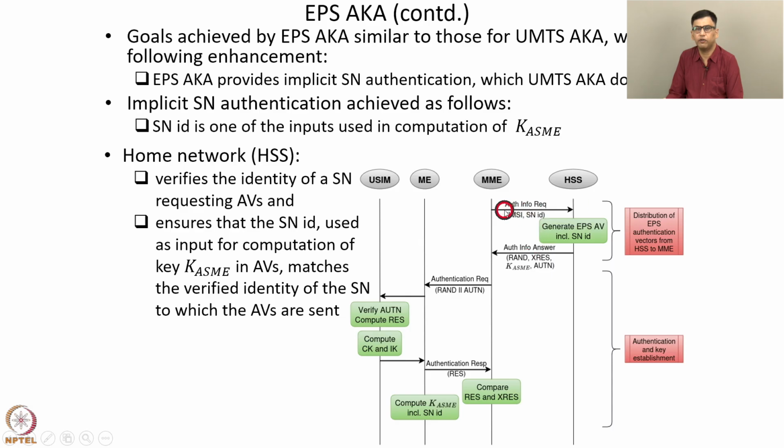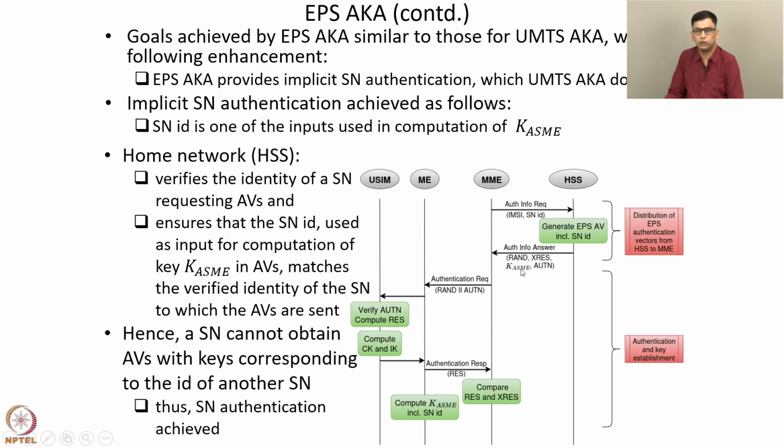So, the SNID of this MME is the same as the SNID that is used to generate this key KASME. Hence, a serving network cannot obtain authentication vectors with keys corresponding to the ID of another serving network. In this way, serving network authentication is achieved.